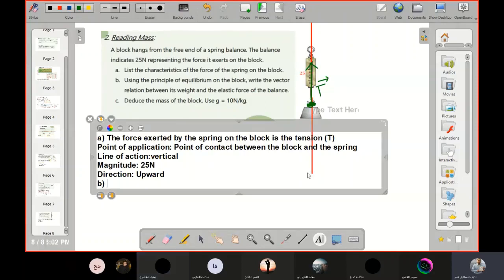Okay, using the principle of equilibrium, write the vector relation, meaning the vector relation between the tension and the weight of the block.